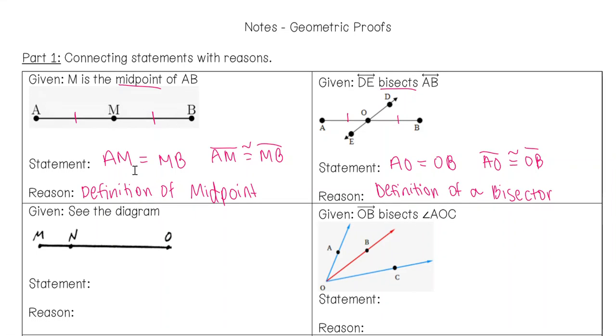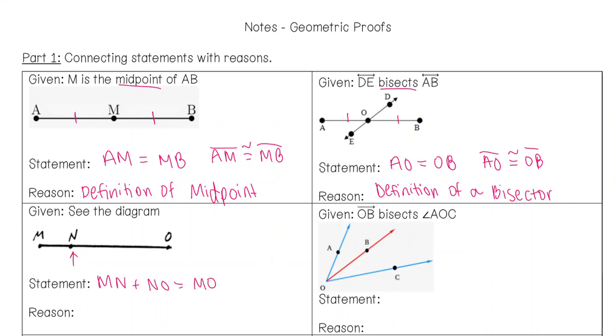In the bottom left, I see given the diagram, and I have a line segment, M and O are at the end, and N is somewhere in between. I don't have any other information. What I can tell, though, is that because N is between M and O, I could make the statement that MN plus NO would equal MO.